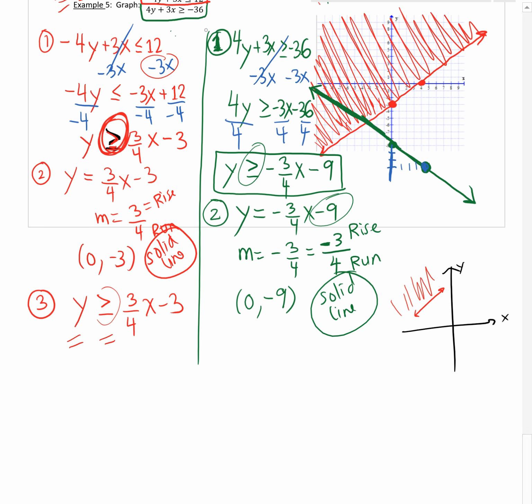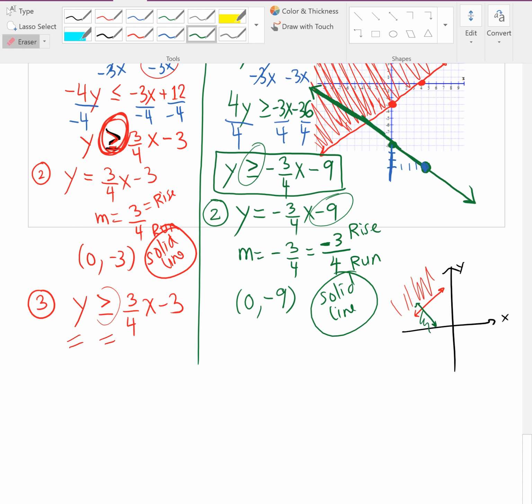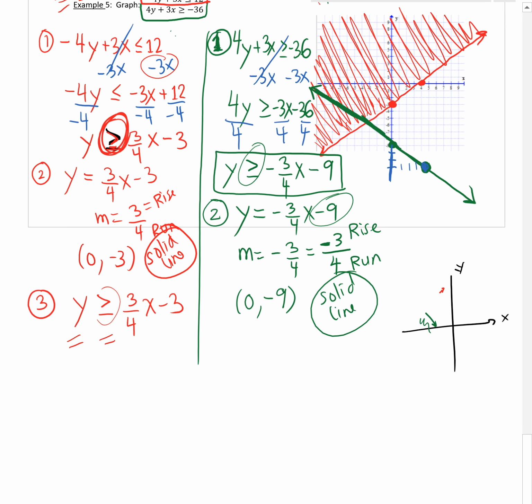The other line looks like this. And then they'll shade. And then I'm like, you can't tell where they intersect if you make your line that short.